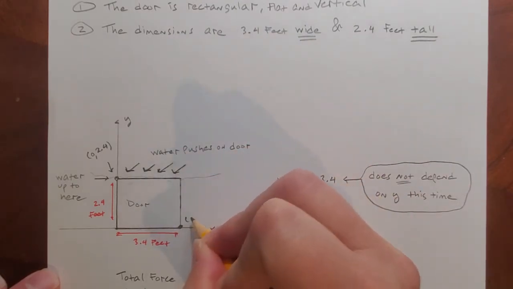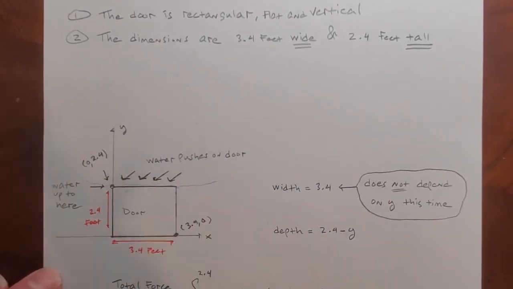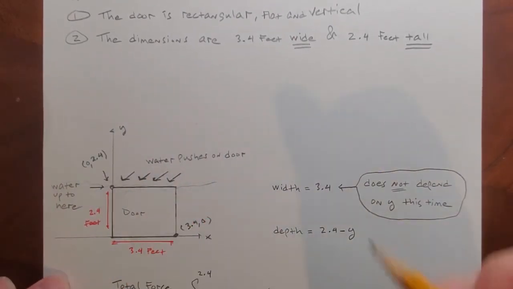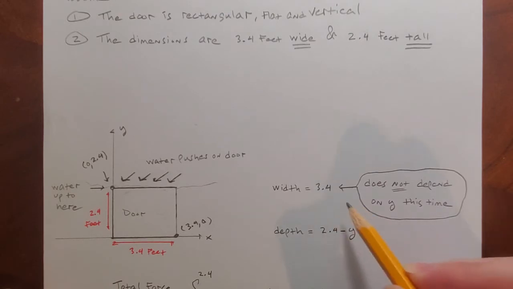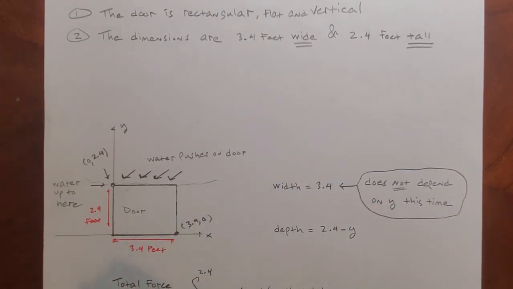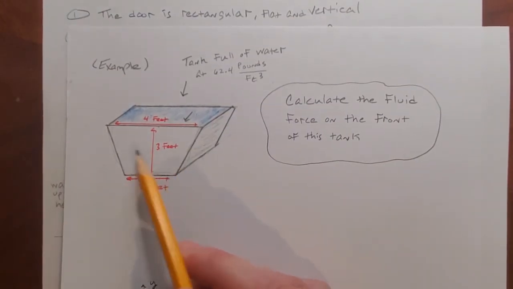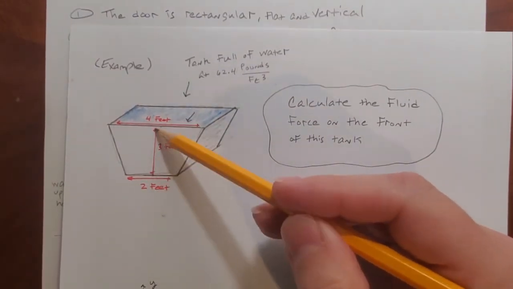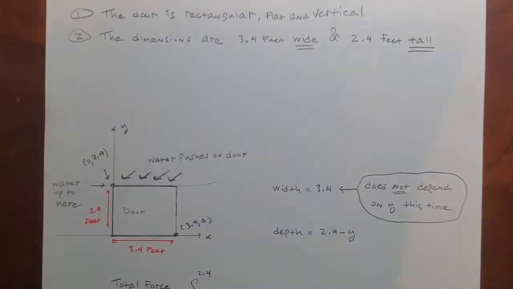So this point would be 3.4 for X and 0 for Y. Okay. So I think with this one, it's probably not hard to give the width and the depth as functions of Y. Because the width is uniform. This time, unlike this tank right here, how wide the tank is completely depends on the up and down position. It's wider at the top, narrower at the bottom, so sure.